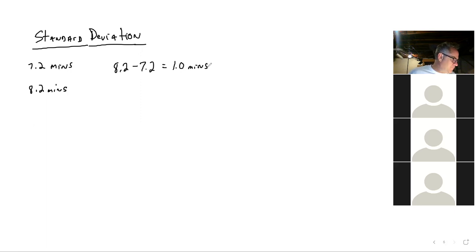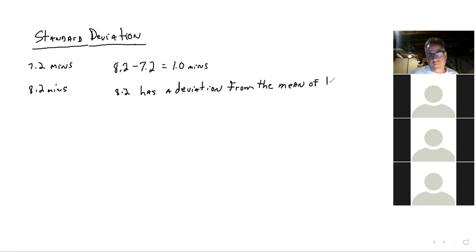That would give me 1. And 8.2 then has a deviation from the mean of 1 minute.